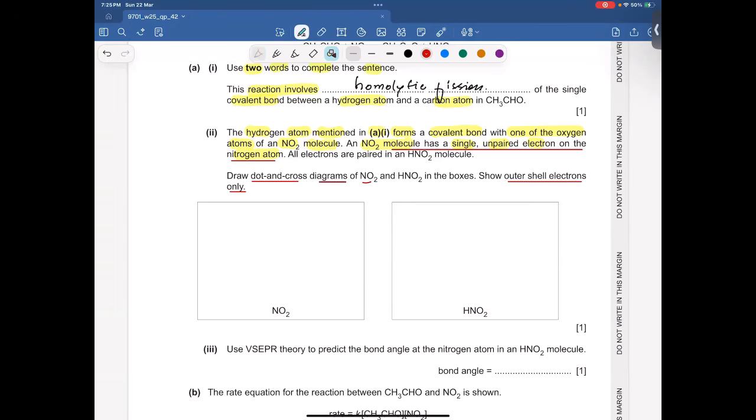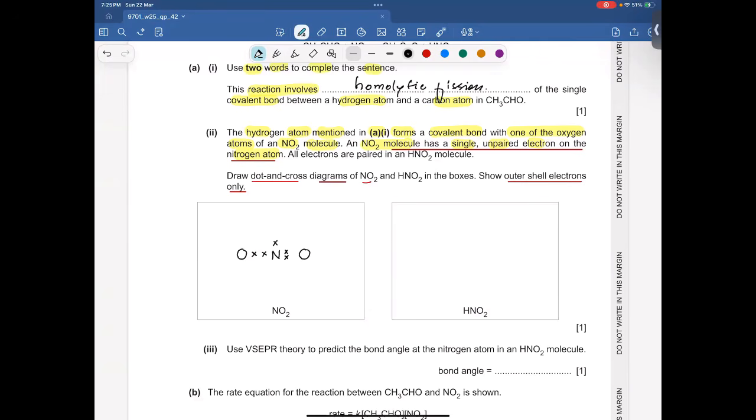So technically, nitrogen belongs to group 15 of the periodic table, which is why it has 5 valence electrons, which are represented by crosses: 2, 3, 4, and this one is 5. Now we have 2 oxygen atoms, so I will write one oxygen atom here.